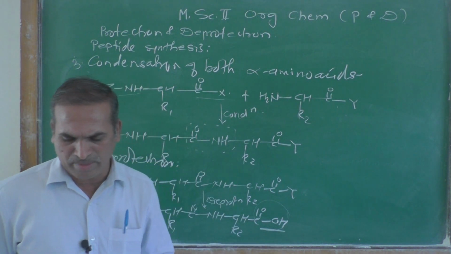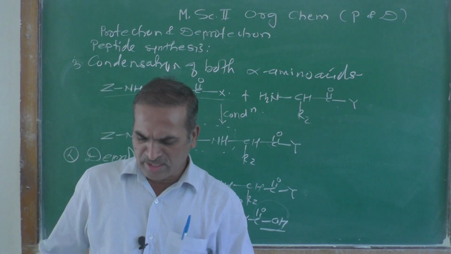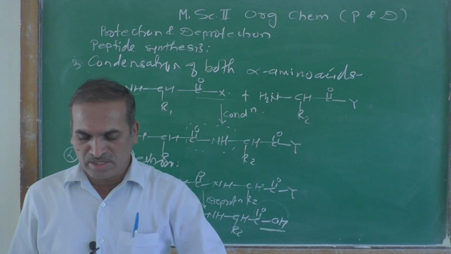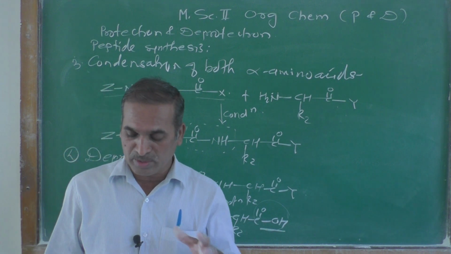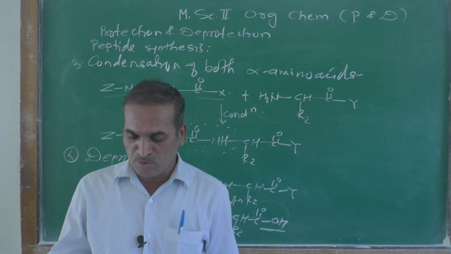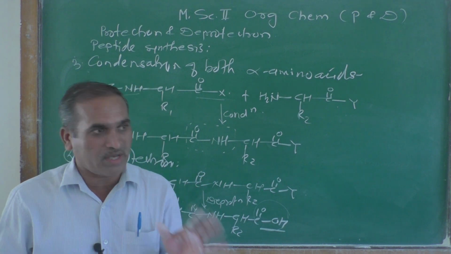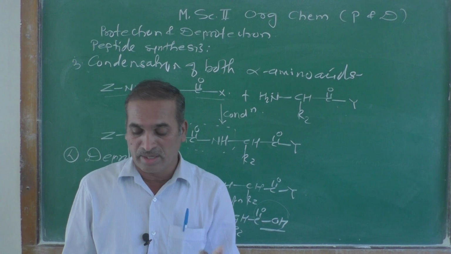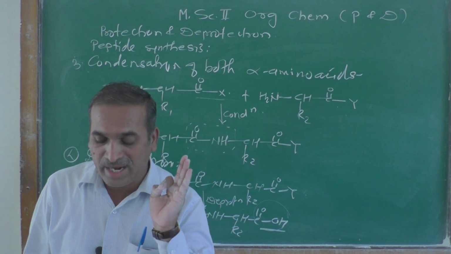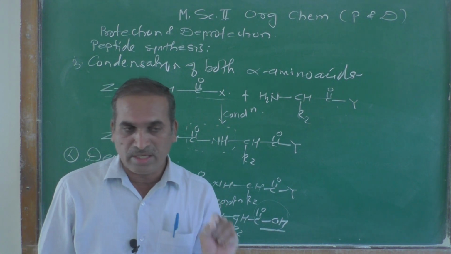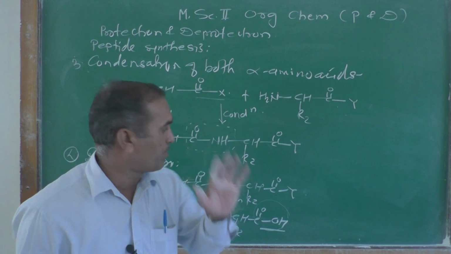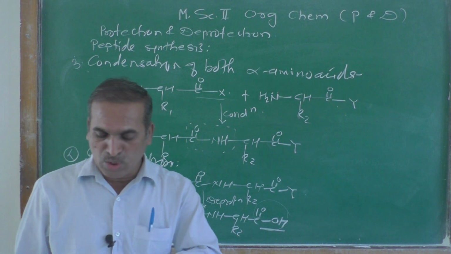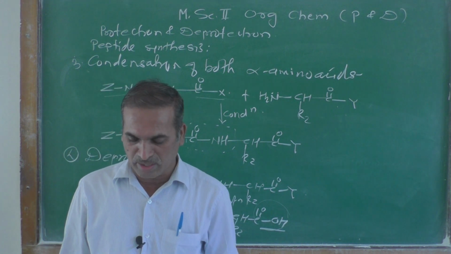In this way you can increase the peptide from the N terminal, and not from the C terminal if the COOH group is activated. Always remember, increase the peptide from the N terminal and not from the C terminal.